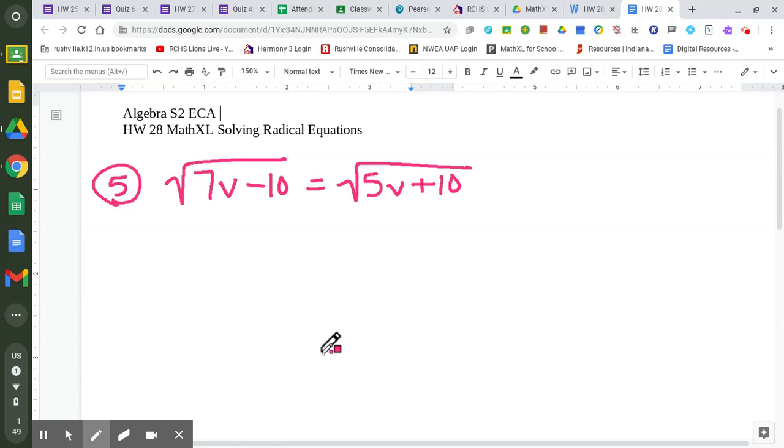On number 5, I have a radical on each side of the equal sign, and they're both isolated. So I can square both sides.